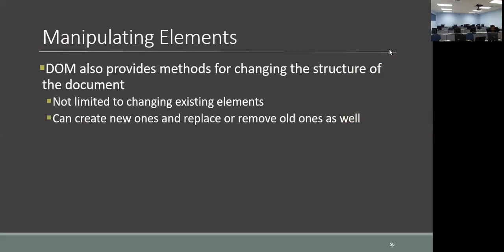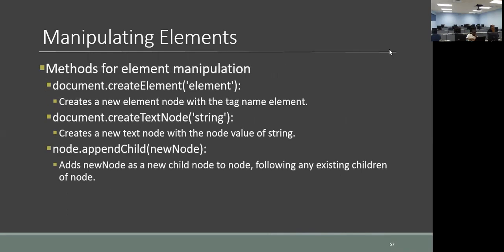So you can change the structure of the document, so you don't have to change just elements. You could create entire new ones and replace and remove old ones as well. You can do all sorts of stuff. What we're talking about so far is navigating. We were just navigating and being able to go from parent to child to grandchildren. We were talking about going across using previous and next siblings. So we saw how we can move up and down, top to bottom, bottom to top, left to right, right to left.